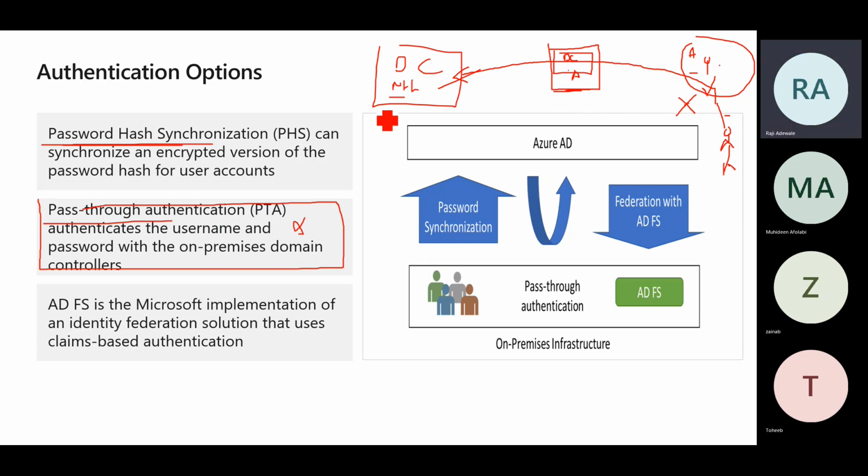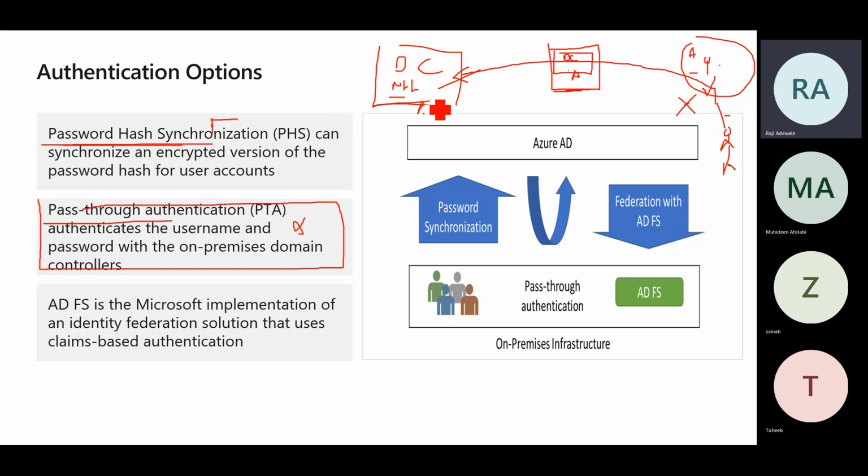And even if your domain controller is down, although you could argue that by architecture a domain controller is meant to be highly available, so you could have more than one domain controller. But you won't typically have such issues if you use password hash synchronization, because that password hash is already stored in the cloud as an attribute on the user's profile.